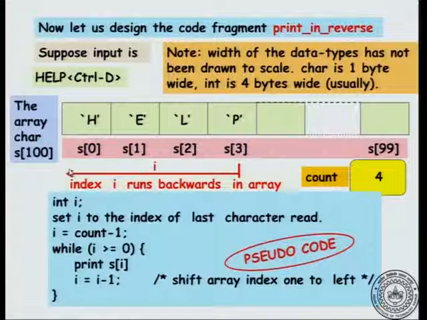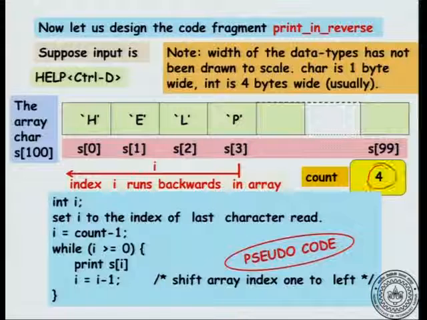So we should be somewhat careful at this point. Suppose you have read the array before you enter this part, then you declare I, which is the array index that we are going to use. Now I should be set to the index of the last character read. So here is the tricky part. Notice that count is 4.